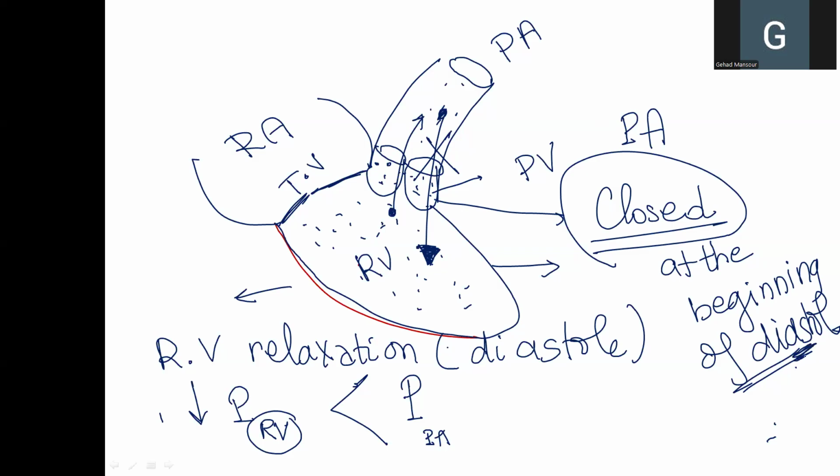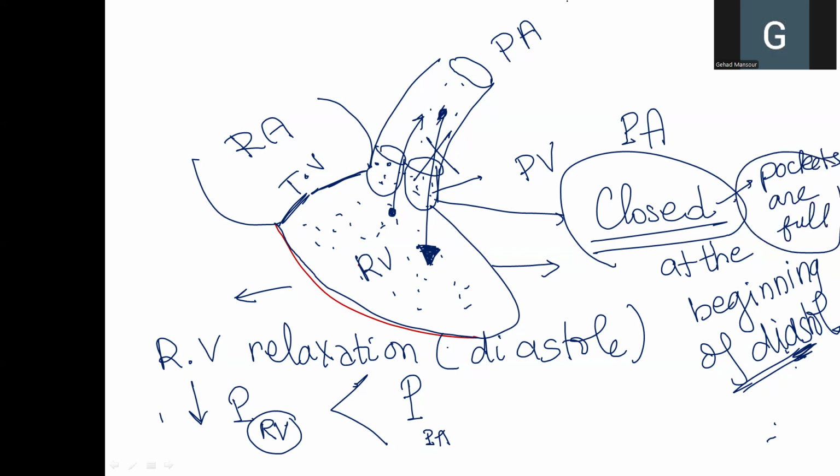because relaxation occurs after contraction, and during the whole process of contraction the pockets were filling with blood. So at the end of contraction and at the beginning of diastole, the pockets are full of blood and they are very close to each other and the valve is closed.